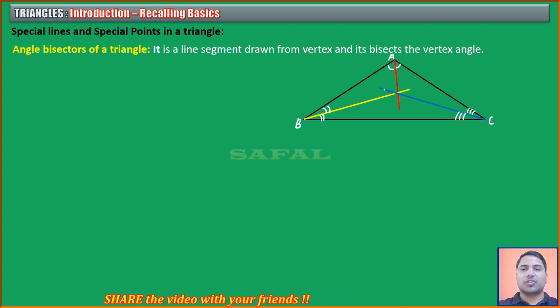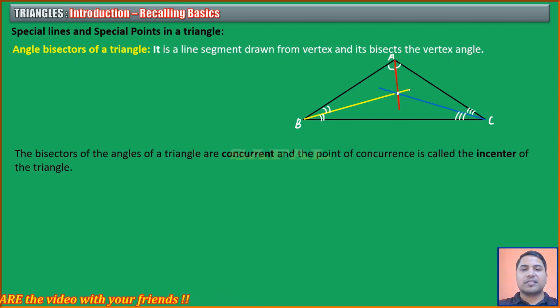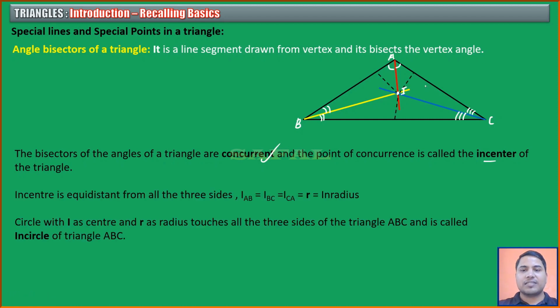Okay. So you can notice that even the angle bisectors are meeting at a common point. So the angle bisectors of the angles of a triangle are concurrent, and the point of concurrence we call incenter. Usually we denote it by capital I. The next important point is this incenter is equidistant from all the three sides.